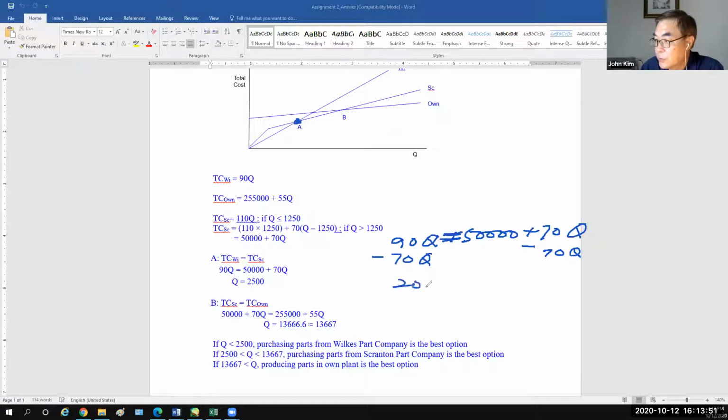Then 20Q equals 50,000. So divided by 20 each side. Then Q equals 2,500. So 2,500.